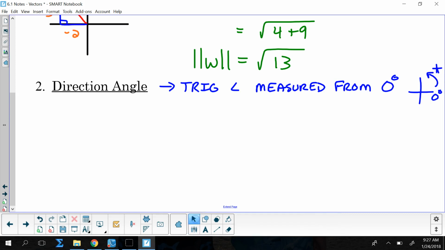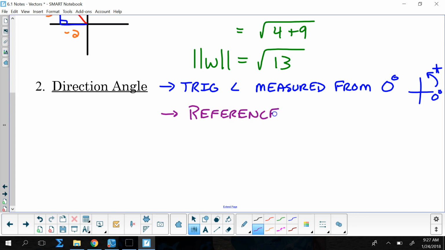So it's going to be that, right? But because we're going to have to use some inverses, and remember cosine only works up top, and sine and tangent only work on the right side, we're going to have to go back to our old friend, old pal, our old compadre, our old amigo, reference angles.